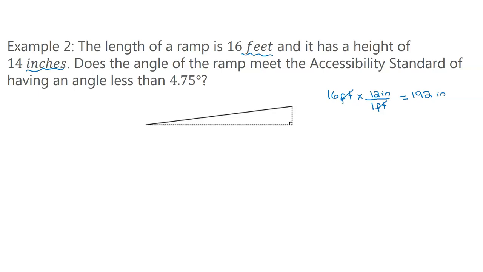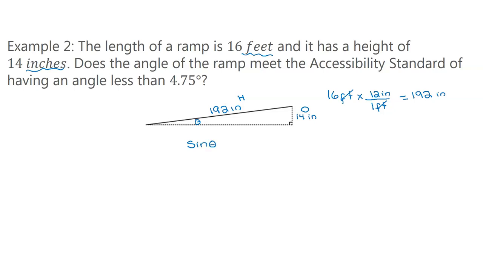So that means that the length of the ramp is 192 inches, and I'll put the height over here to be 14 inches. Now we're looking for the angle of the ramp, which is right here. Now 192 is the hypotenuse and 14 is opposite. Now opposite and hypotenuse means we use sine.